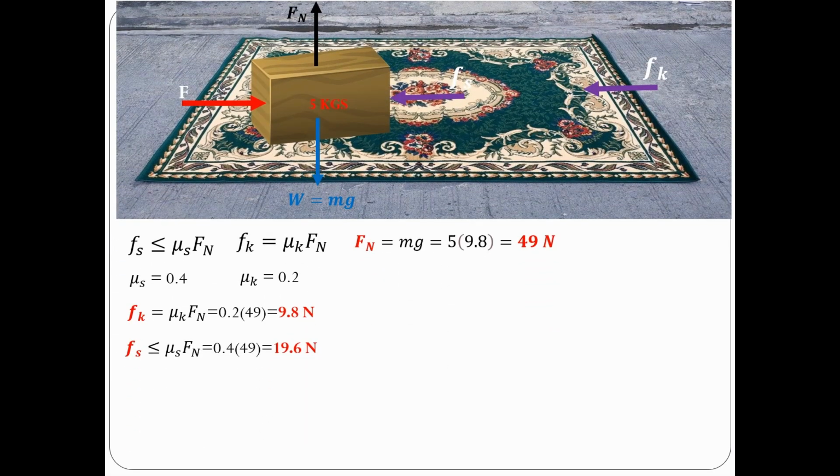We have all the values of Fn, Fk, and Fs. So what do these values mean?